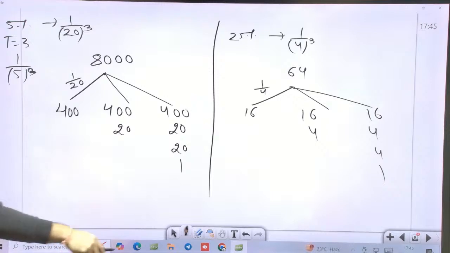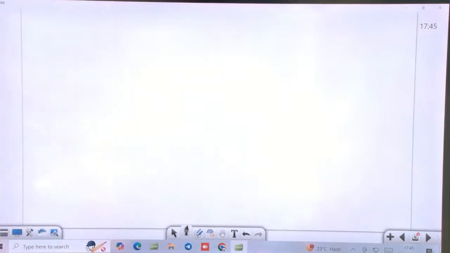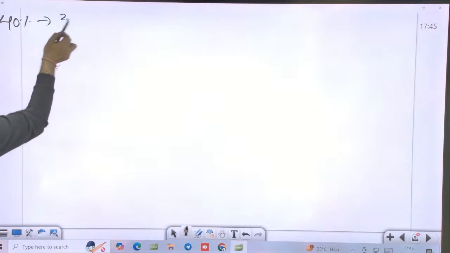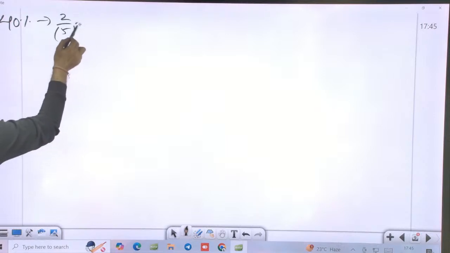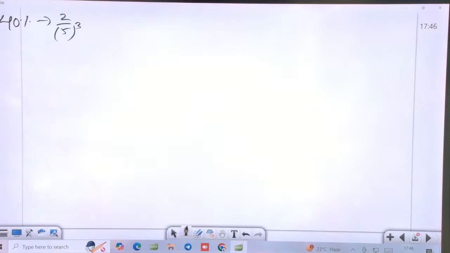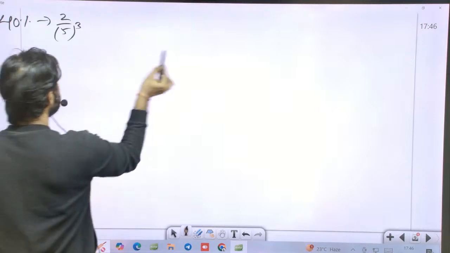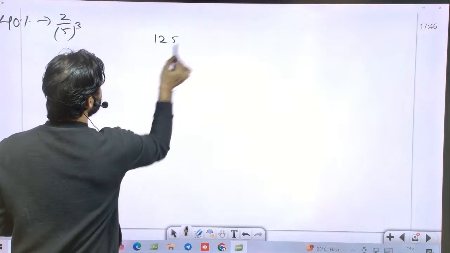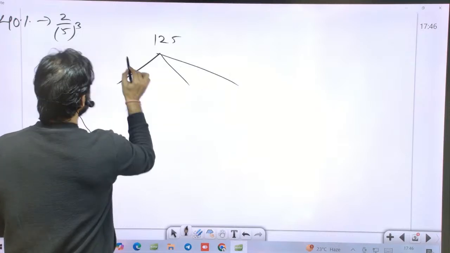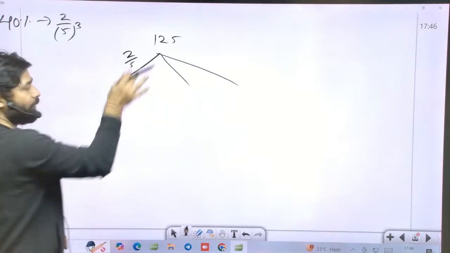Okay, we have to make the chart of 40% now. For 40%, the fraction is 2 by 5, and we have to cube the denominator. So 5 cube is 125. Then we have to collect 2 by 5.